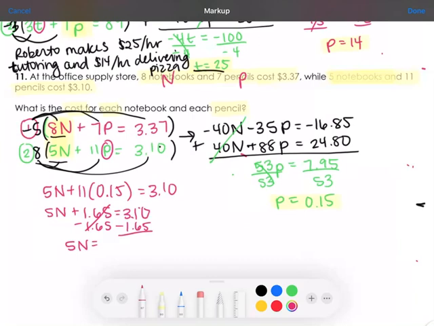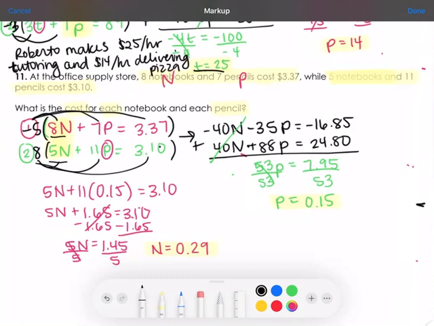I get 5N equals 3.10 minus 1.65 is 1.45. Divide both sides by 5, and we get N equals $0.29.